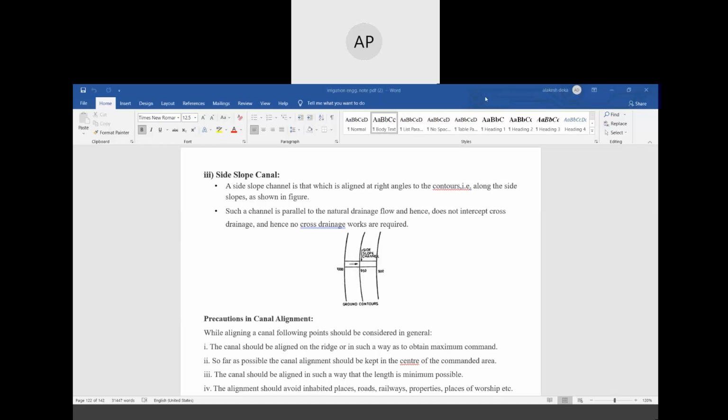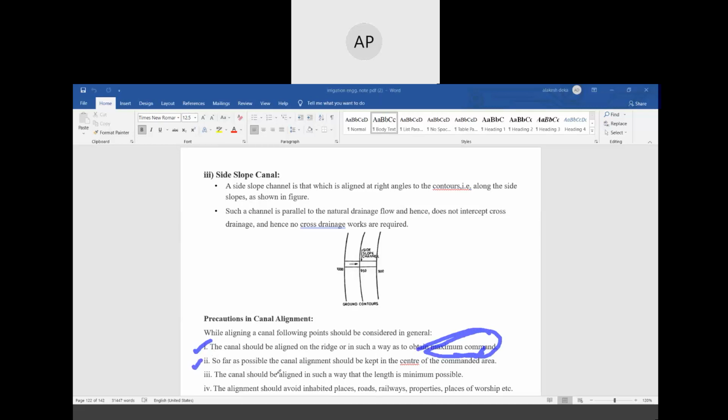Next, there are some precautions in alignment. While doing the alignment, the canal should be aligned on the ridge in such a way as to obtain maximum command. Maximum command means maximum profit.